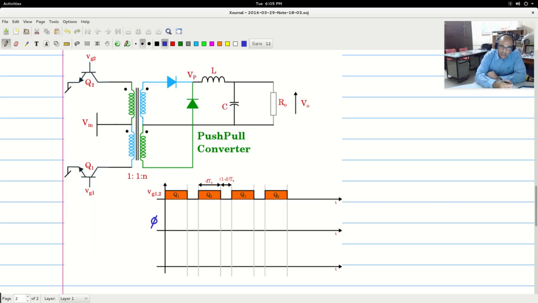Let us say the flux in the steady state, at the point of starting, is at one side of the core, at minus phi m, and during the time when Q1 is on, there is magnetizing current flowing through, magnetizing the core from minus phi m to plus phi m.